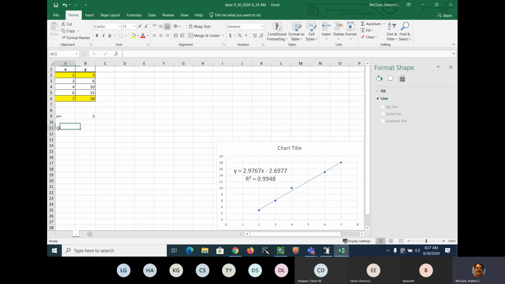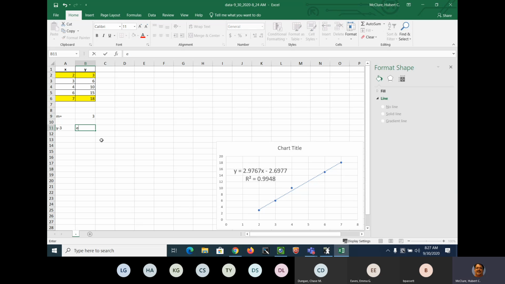And now I'm going to do my y minus y sub 1. I'm going to use 3, and then I'm going to put equals.